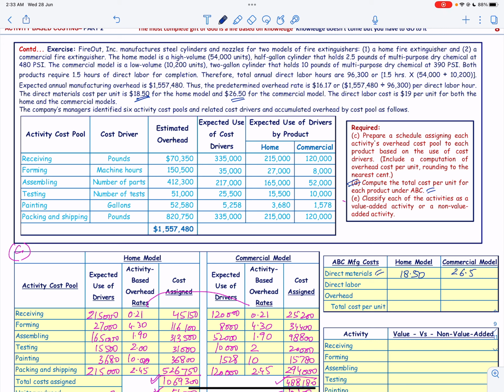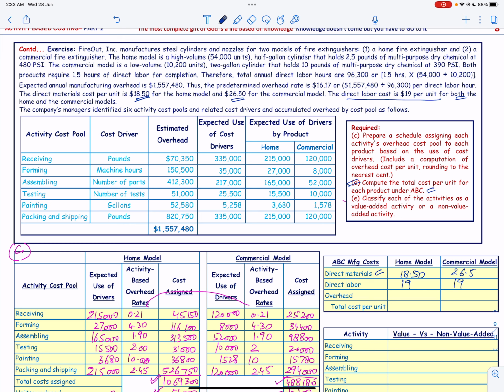Then the direct labor is given in the question, that is 19 per unit for both.